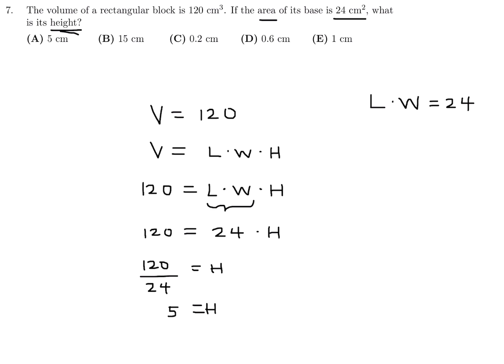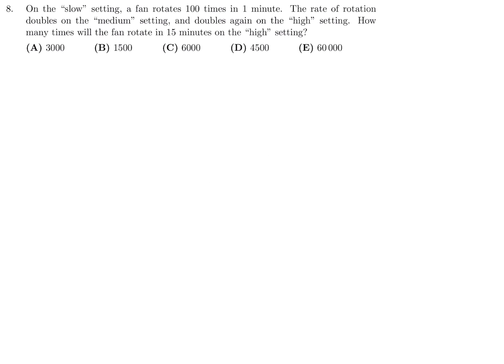A. On the slow setting, a fan rotates 100 times in 1 minute. The rate of rotation doubles on the medium setting and doubles again on the high setting. How many times will the fan rotate in 15 minutes on the high setting? So we've got slow, medium, and high.